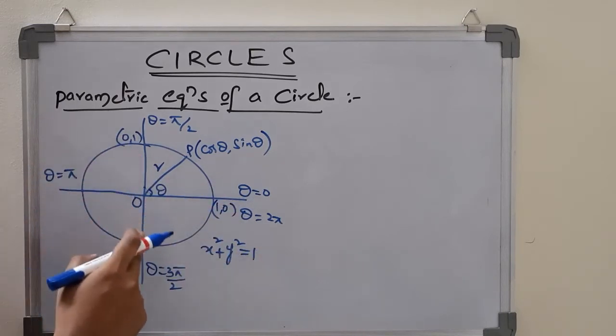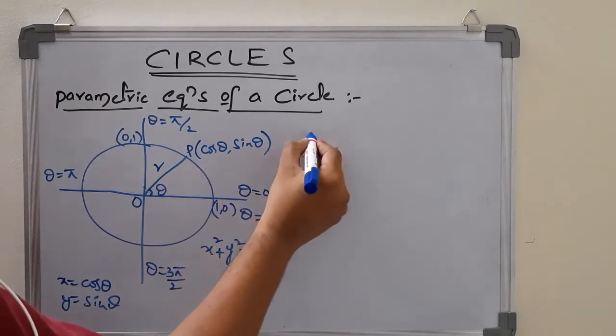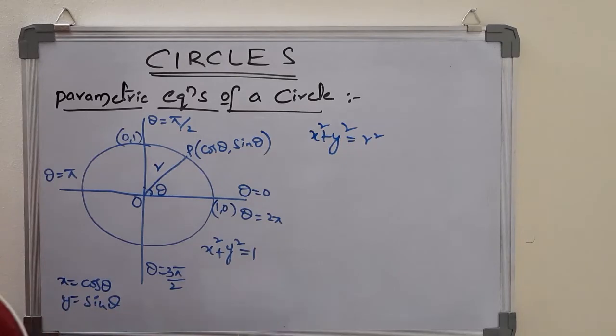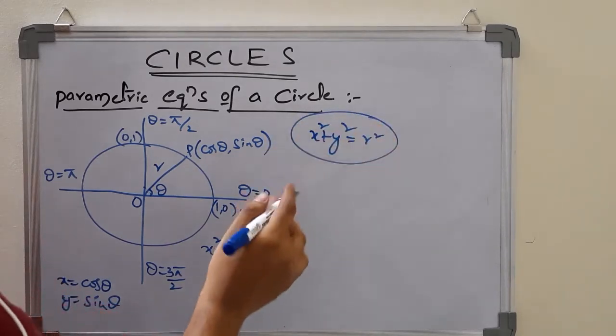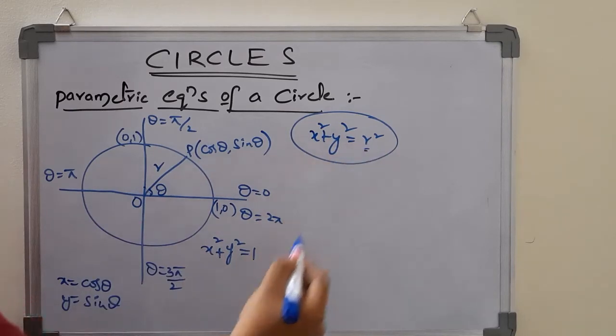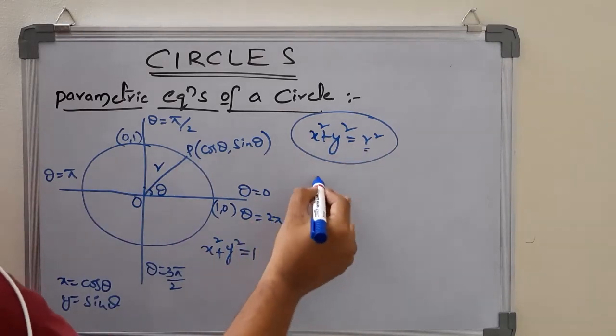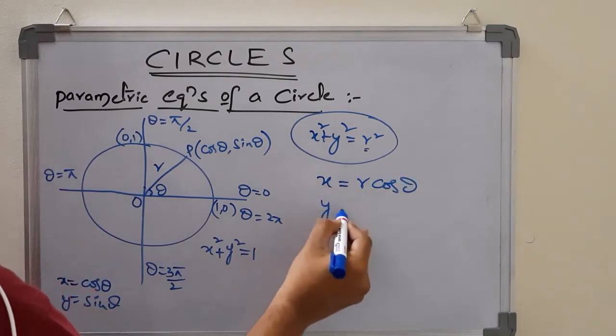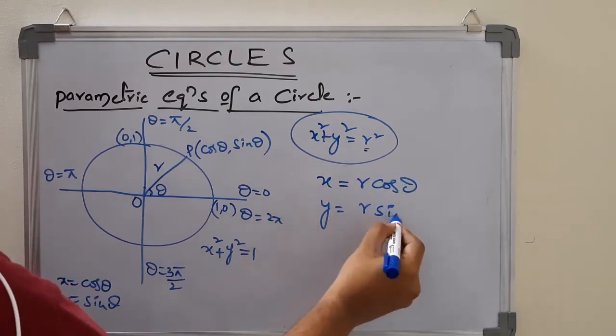All you have to do is, for x square plus y square is equal to r square, the equation of the circle with center (0, 0) and radius r, take x equal to r cos theta and y equal to r sin theta.